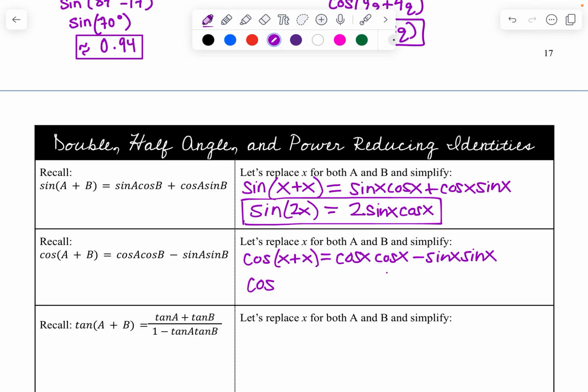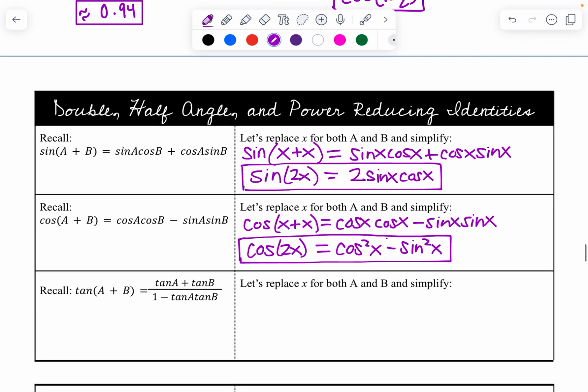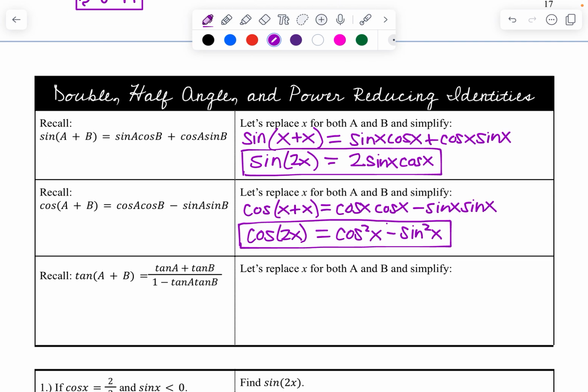And so we will see that the cosine of 2x, if we simplify the left side, will equal cosine squared x minus sine squared x. And we could modify this and get a couple of different versions using the Pythagorean identity, but we'll just start with that. That's a basic one of what we could use for cosine of 2x.